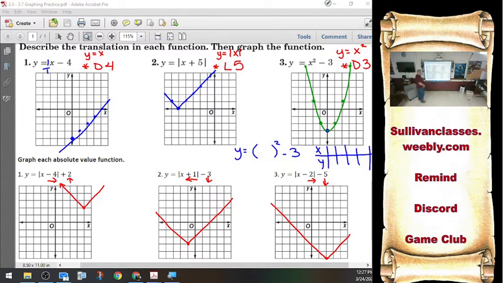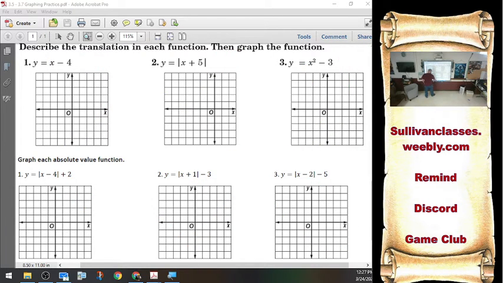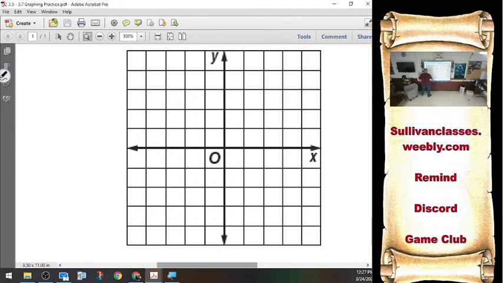So, what? Why are we being dumb? What are we doing? Daily quiz. 3-7 absolute value.